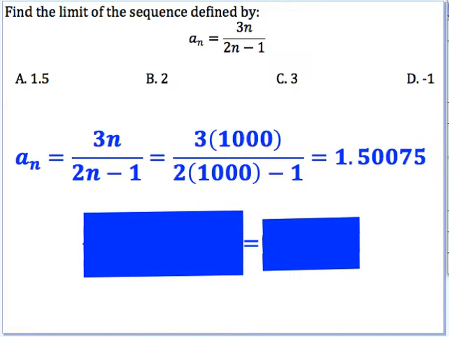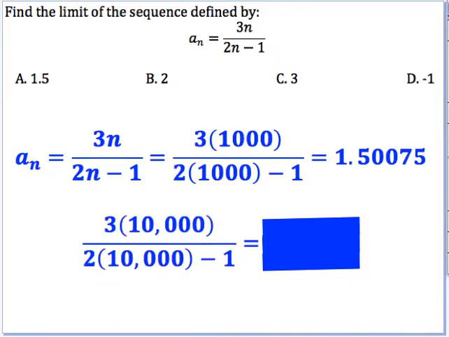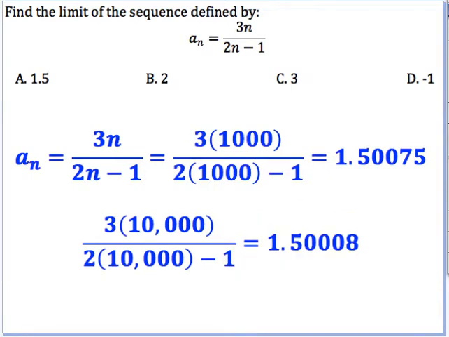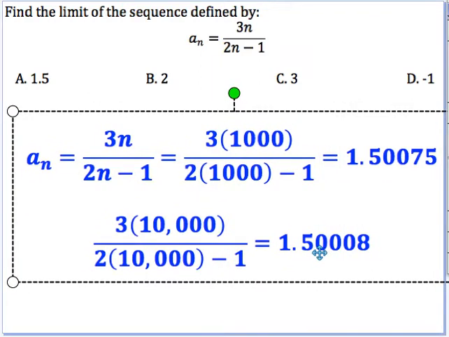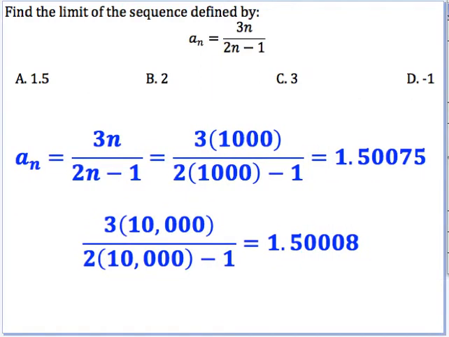1.50075. So now let's add a couple more zeros to our n value. So 3 times 10,000 divided by 2 times 10,000 minus 1, and that gives us the answer 1.50008. Notice how my zeros are increasing.